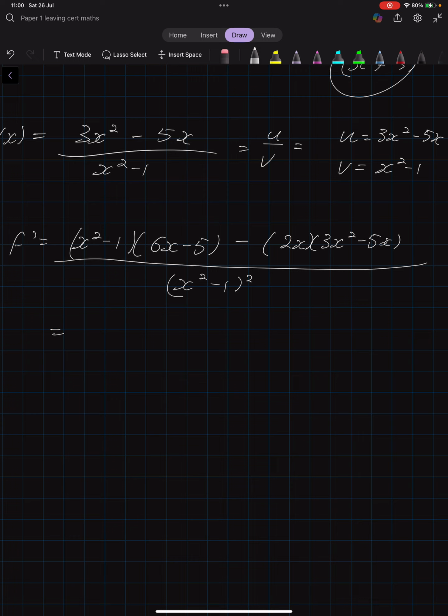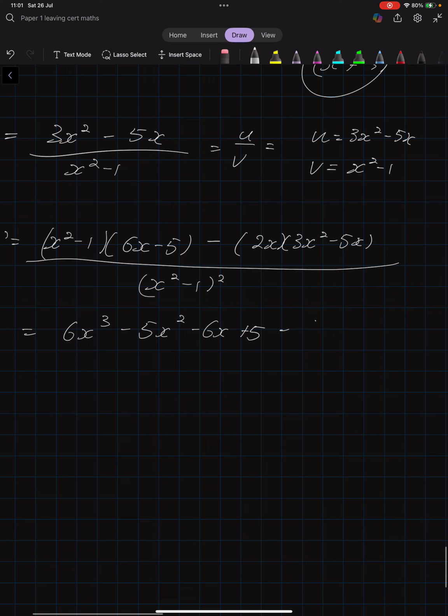I'm just going to simplify the top. So the top is going to give me 6x cubed minus 5x squared minus 6x plus 5 minus 6x cubed plus 10x squared, all over x squared minus 1 squared.